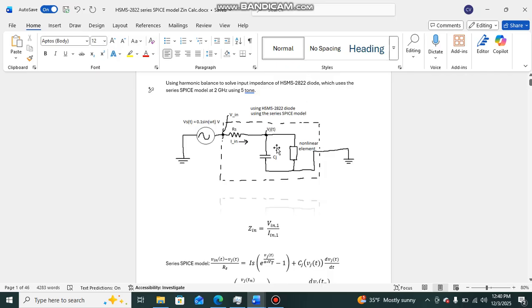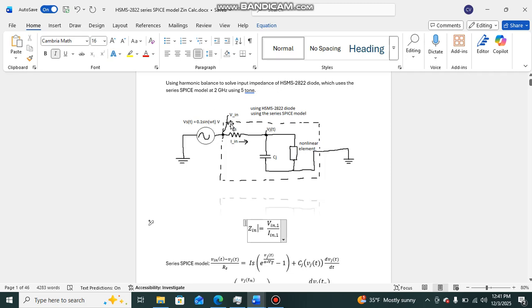So let's go ahead and go on to finding the input impedance of one diode here. Here, for example, could be my low noise amplifier with a 0.1 volt peak sine wave at 2 gigahertz.